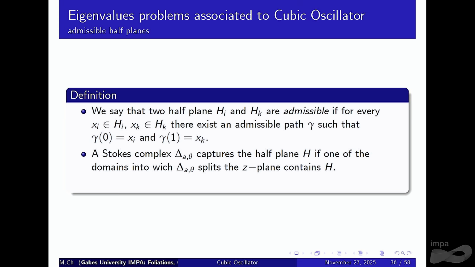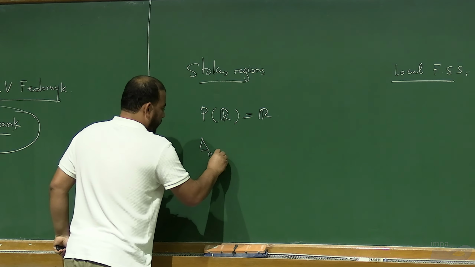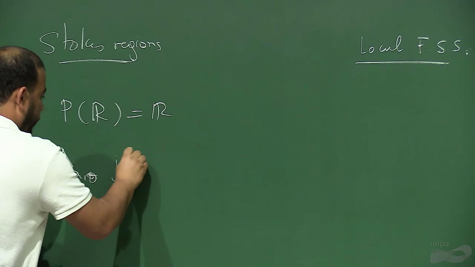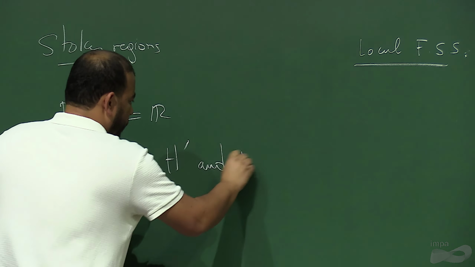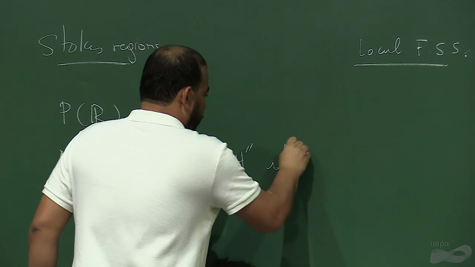And for example, a Stokes complex that captures both of the half-planes, we will say that this Stokes complex joins H_i and H_k if it captures both.